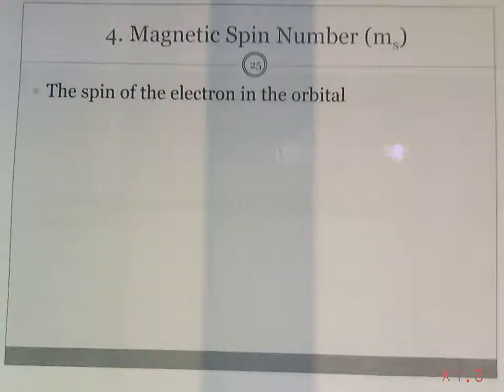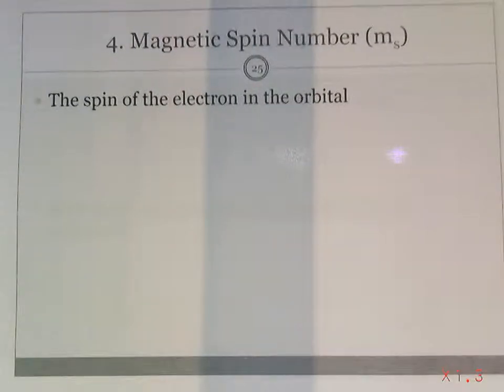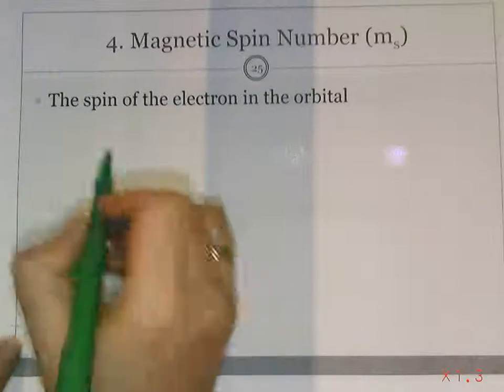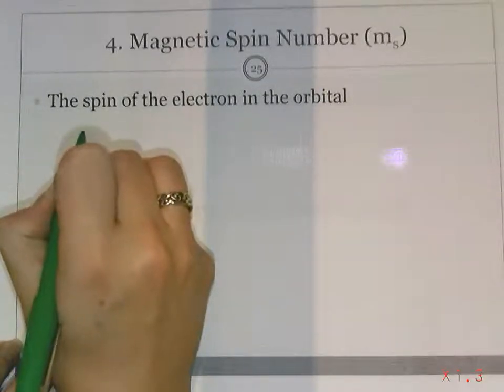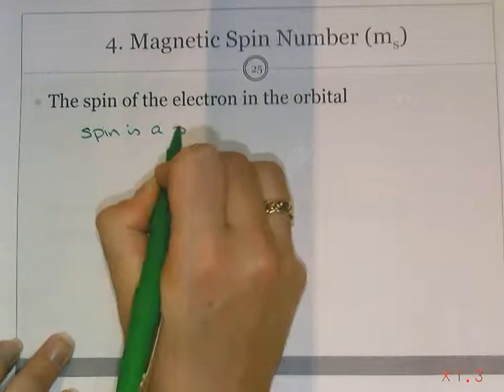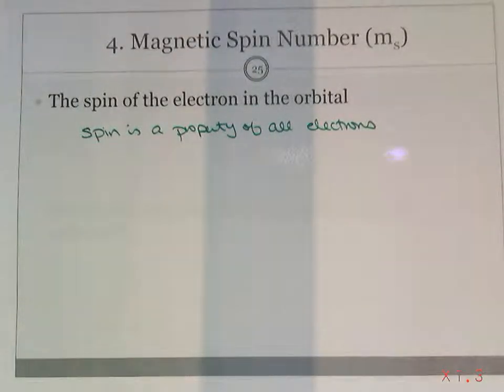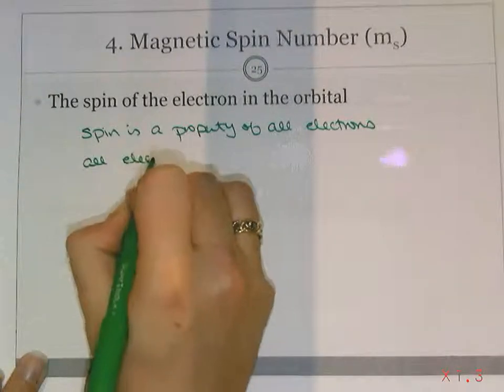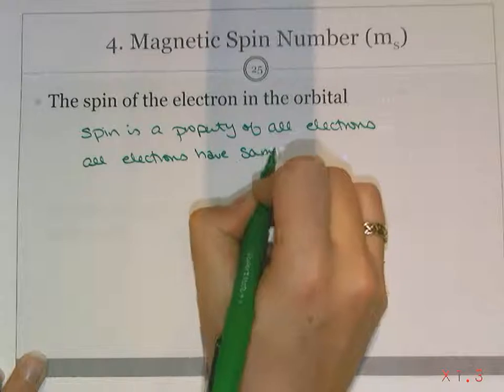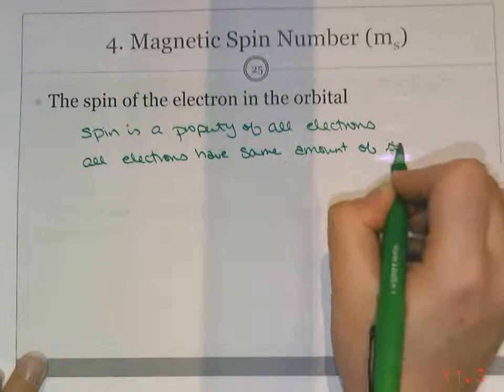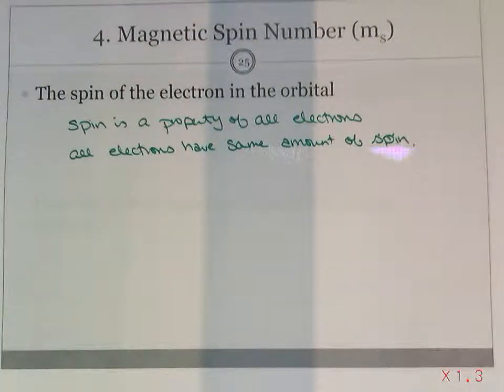So if you bring in the little quantum magnetic spin, and some of our other electrons having the same amount, that's quantized.